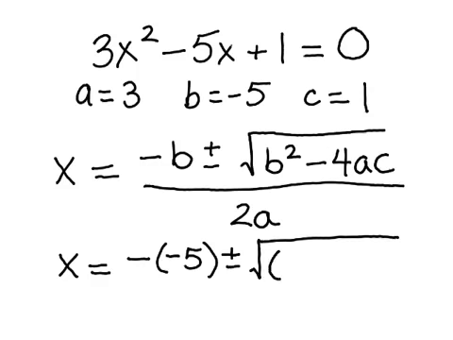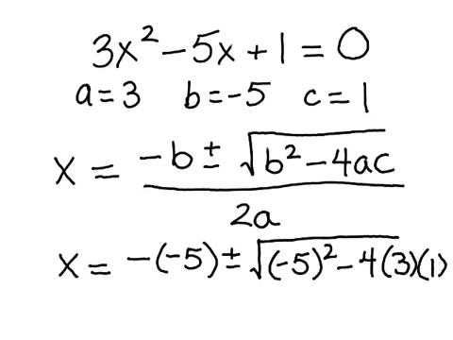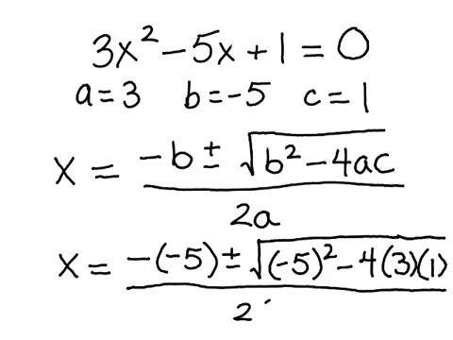So b squared, again, b is negative 5, so negative 5 squared minus 4 times a in this example is 3, so 4 times 3 times c here is 1. So times 1. And all of that is under our radical. Now we want everything we just wrote, this entire amount, all over 2 times a, which again is 3. So x will equal all of this.